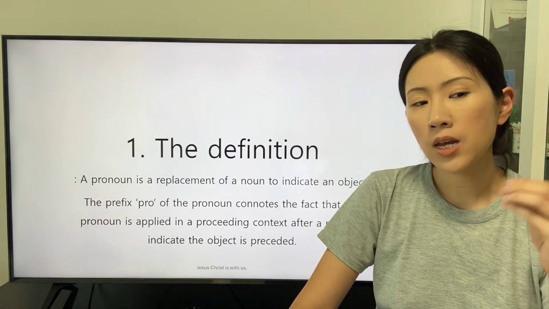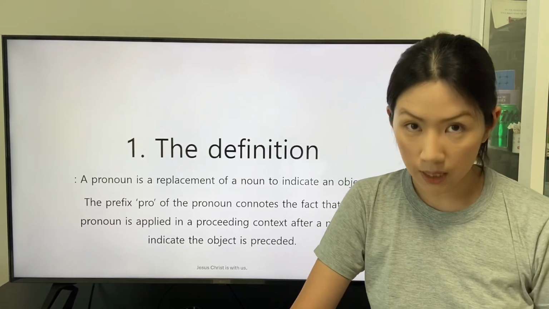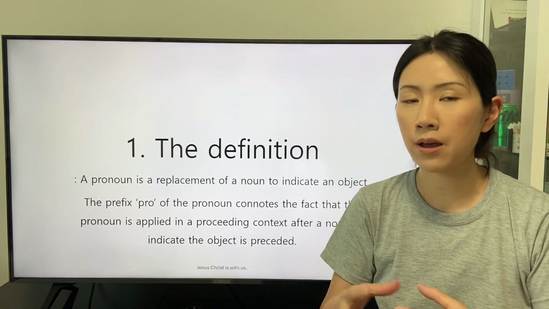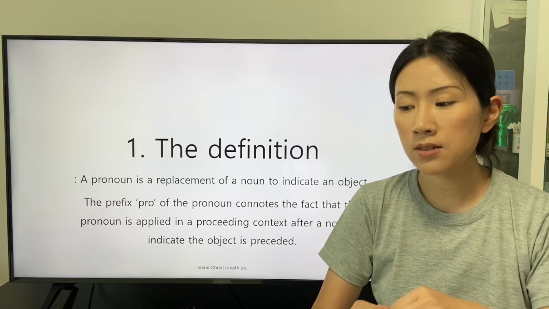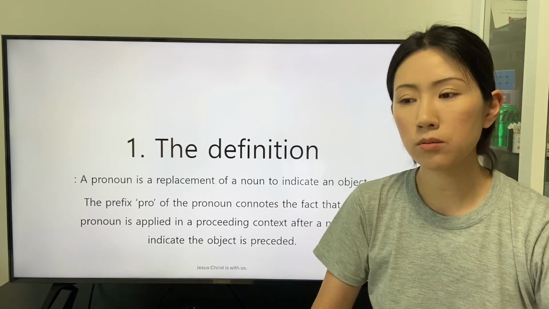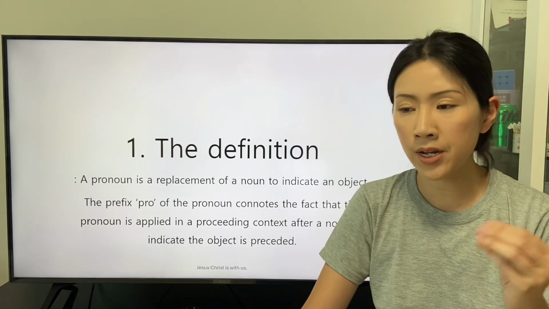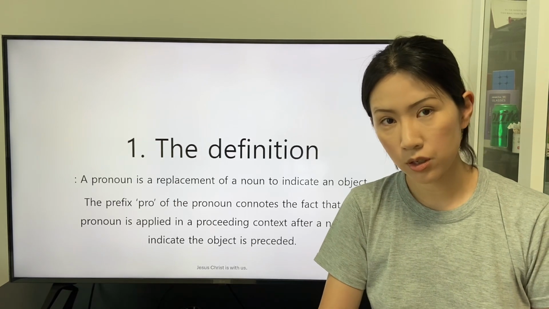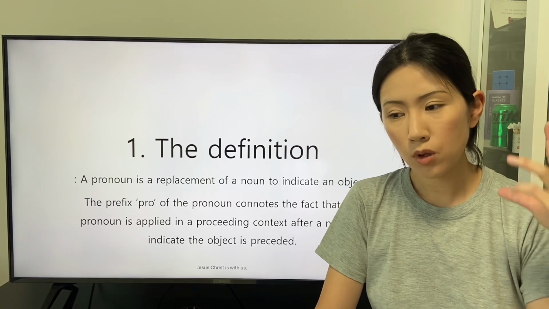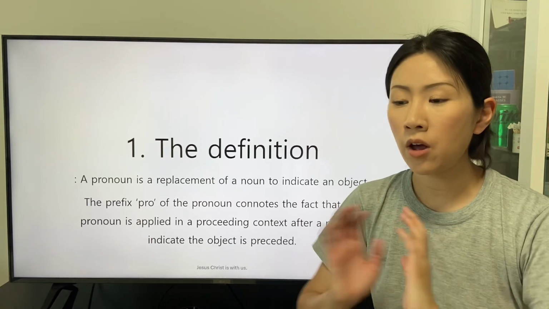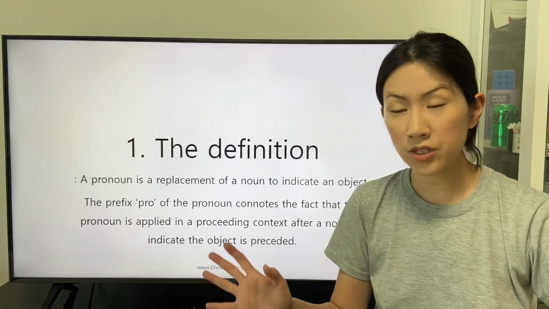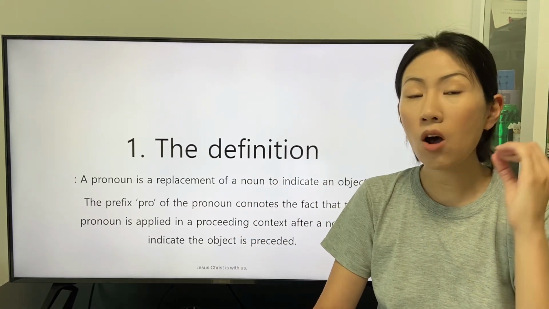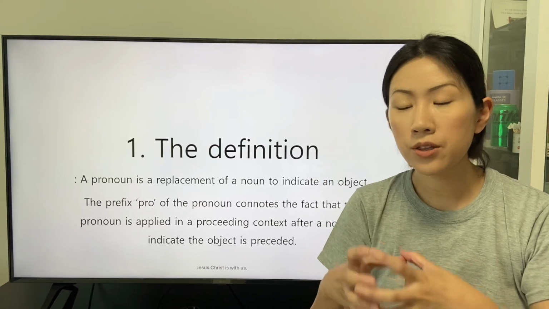After a noun to indicate the object is preceded, the fact that the object indicated by a pronoun is identified in the conversation reveals that there is a prior context about the object. The speaker and the listeners in the conversation have talked about the object.